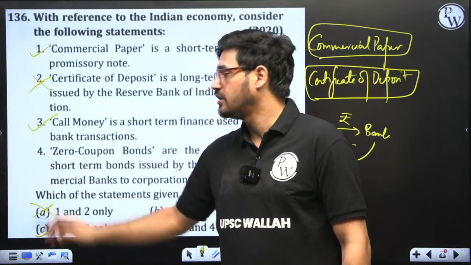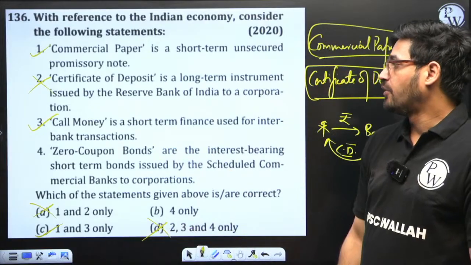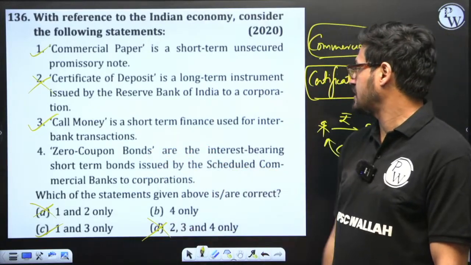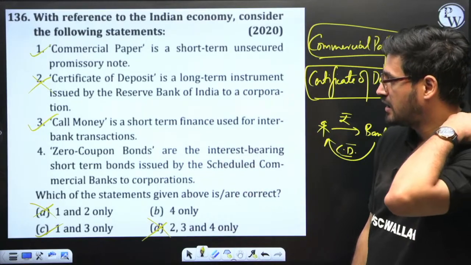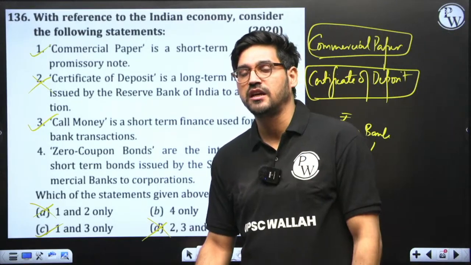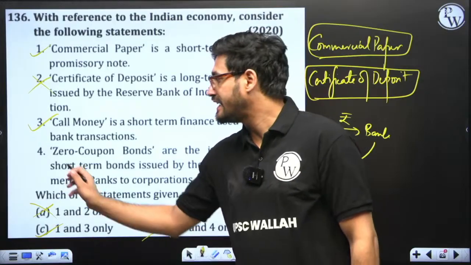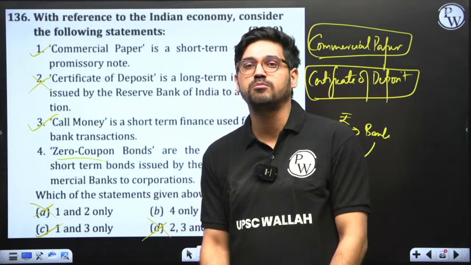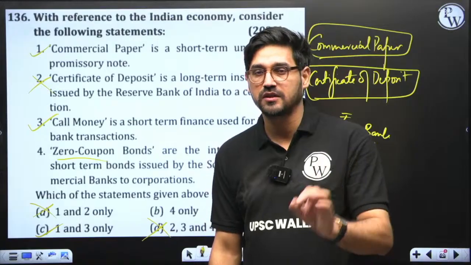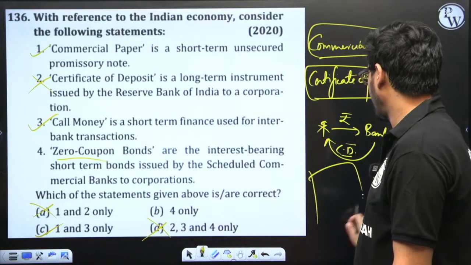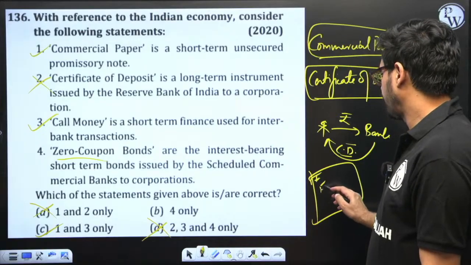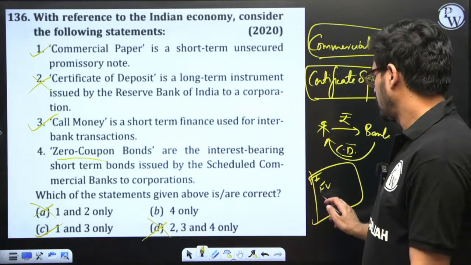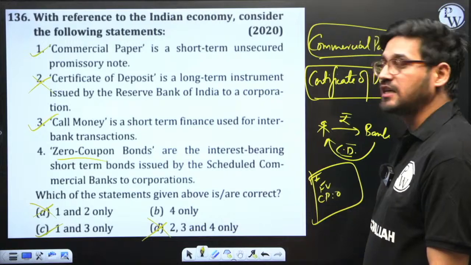This is also correct. Fourth one says zero coupon bonds are interest bearing short term bonds issued by scheduled commercial banks to corporations. Now, firstly, the name zero coupon bonds itself should suggest that these bonds carry no coupon payments. That means the bond will have the name of the issuer written on it, the face value written on it, and the coupon payment will be 0.